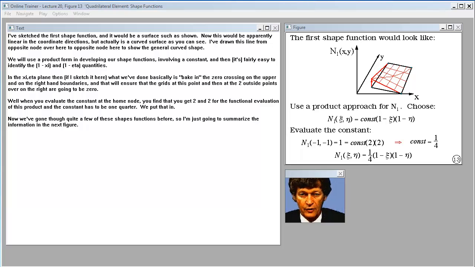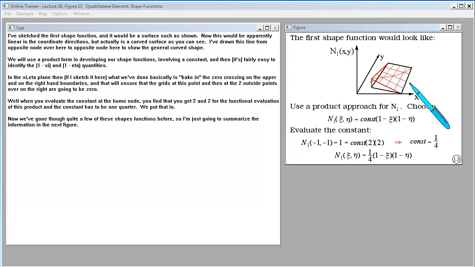I've sketched the first shape function, and it would be a surface such as shown. Now, this would be apparently linear in the coordinate directions, but actually is a curved surface, as you can see. I've drawn this line from opposite node over here to opposite node here to show the general curve shape.